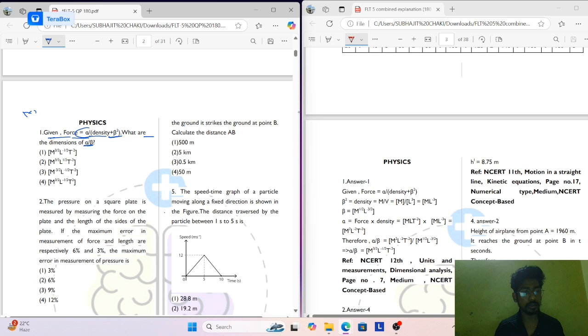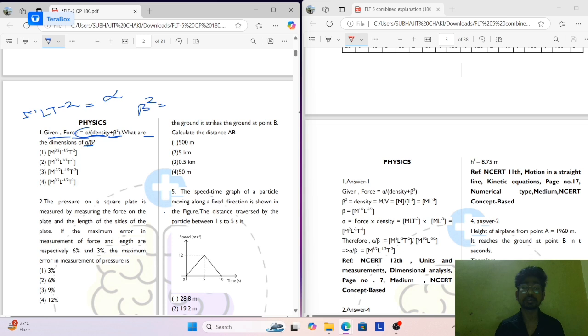Force means MLT^-2. Alpha, as you know, density: if two physical quantities are added or subtracted, their dimensions will be equal. So the dimension of density will be equal to the dimension of beta square. What is the dimension of density?